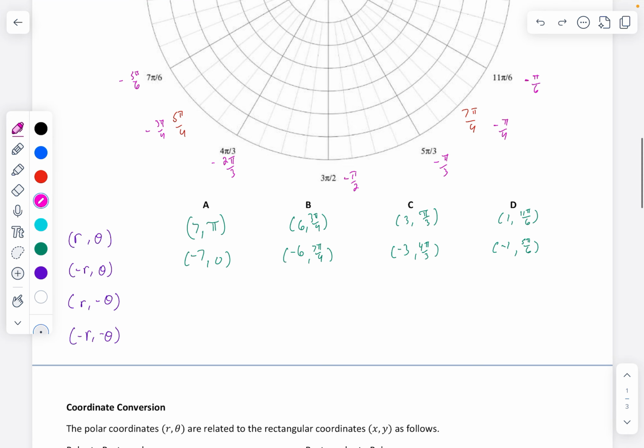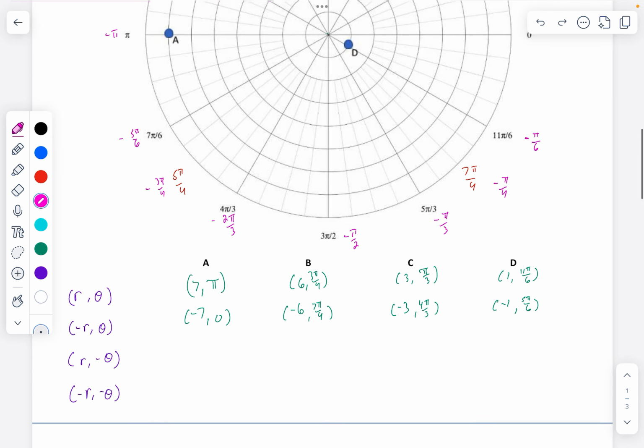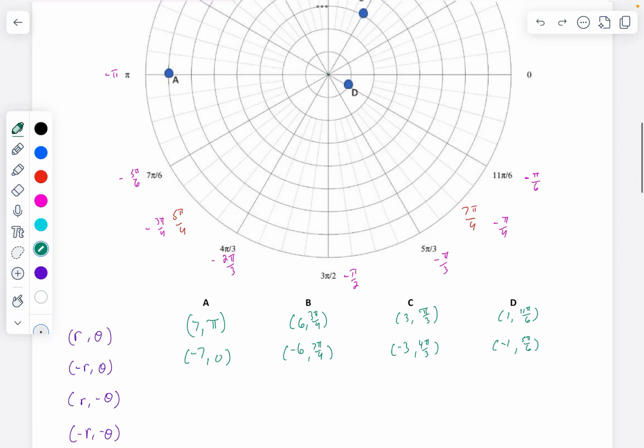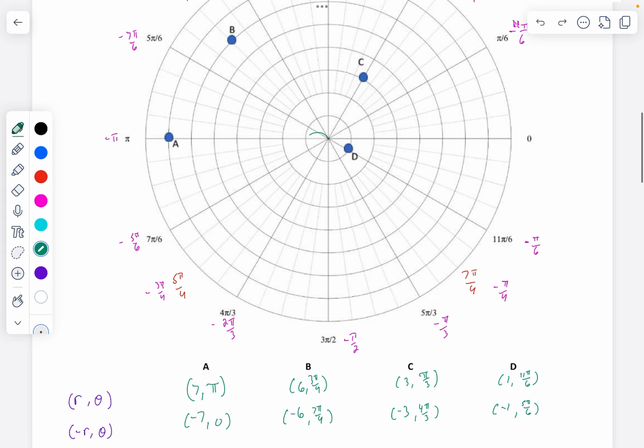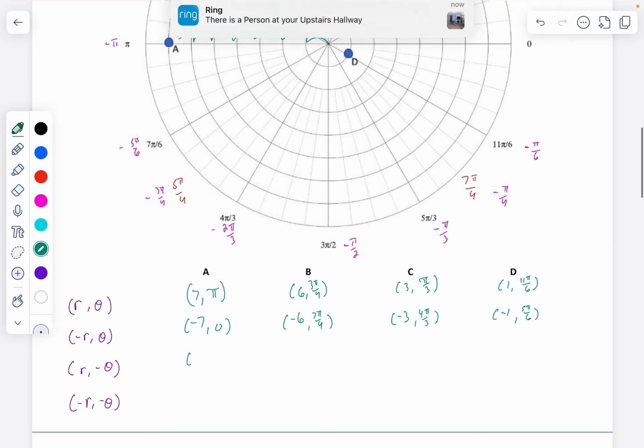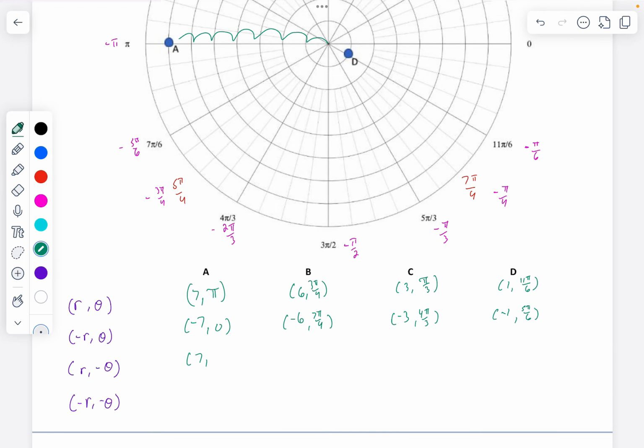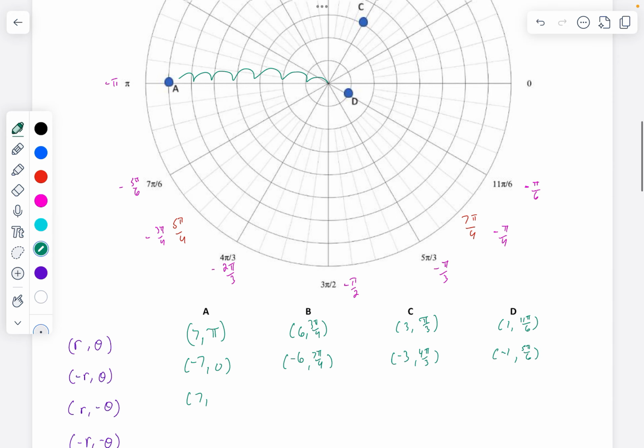So now let's go ahead and label these with negative. When we look at A again, instead of saying r, theta, we could say r, negative theta. So r, you're moving towards that angle. That's still going to be 7. But now we're moving towards the negative angle, and that negative angle would be negative pi.